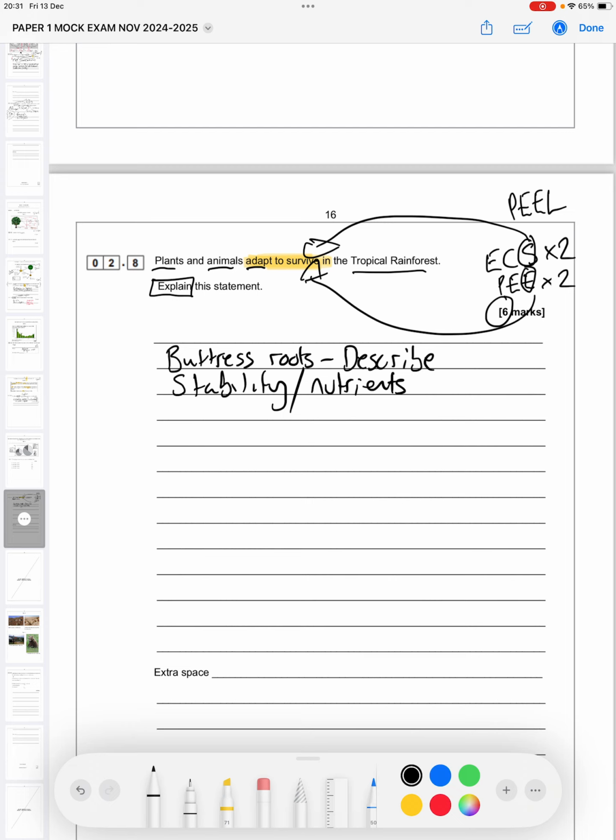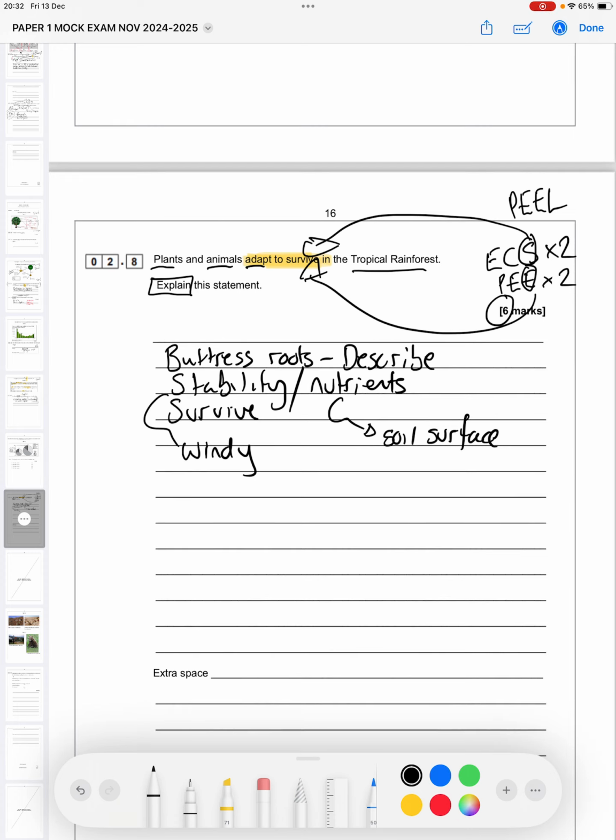But then in that final section, that's when you want to really hit home the point about adapting to survive. So you want to say it helps the tree to survive because with stability, it stops it from falling over in windy rainforests, and with the nutrients, it can gather them from the soil surface, which allows the tree to continue surviving and competing.